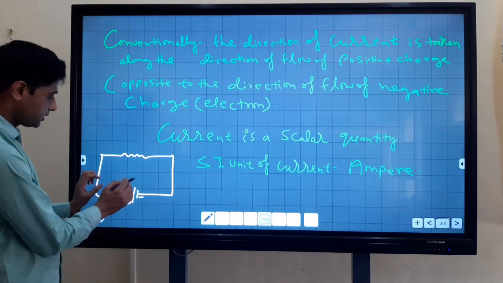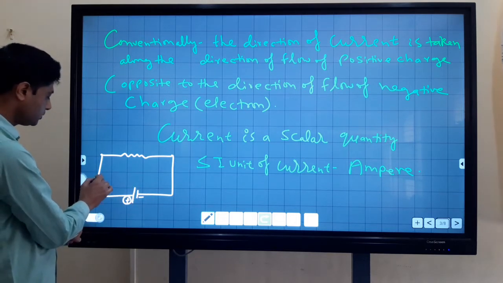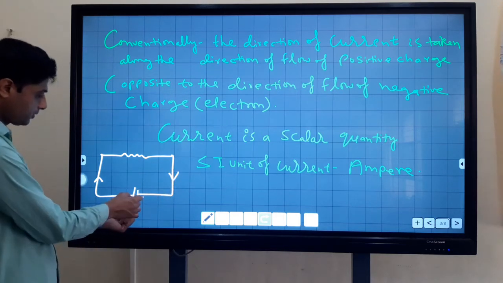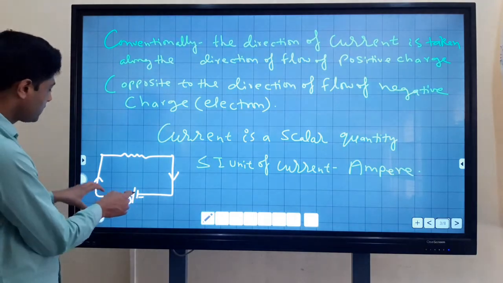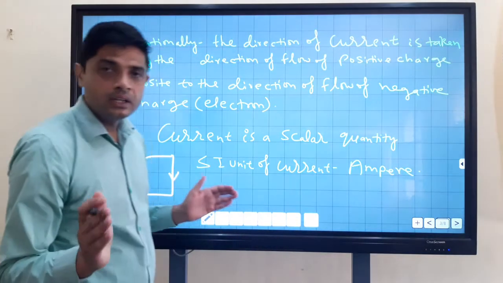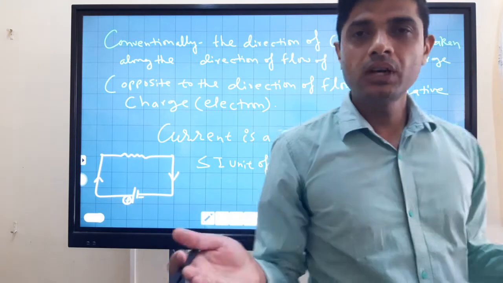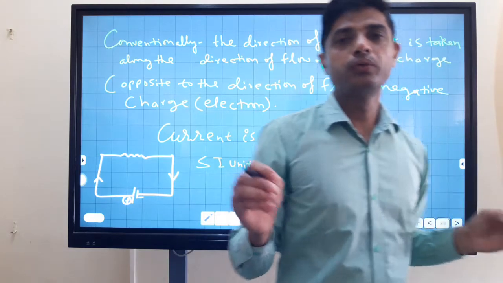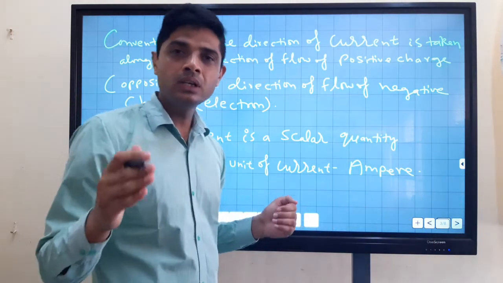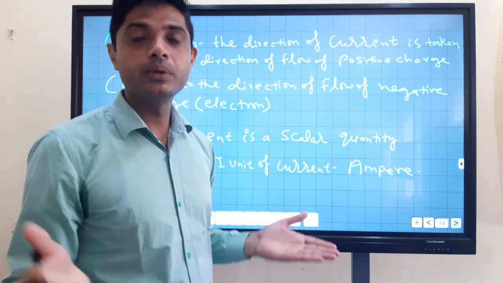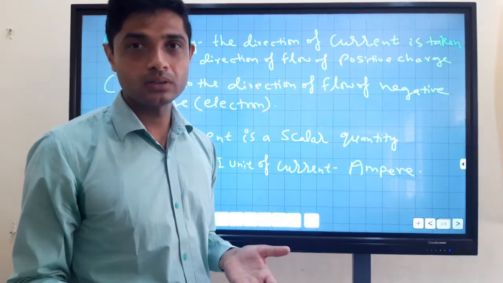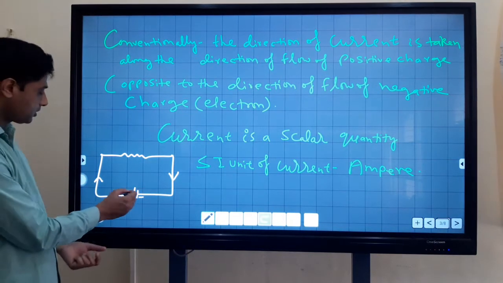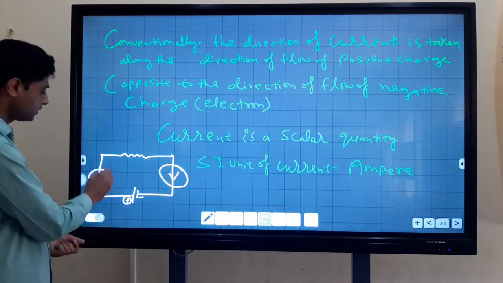It means the direction of current is opposite to the direction of electrons, because electrons carry negative charge. So current flows from higher potential to lower potential. It is the direction of current.